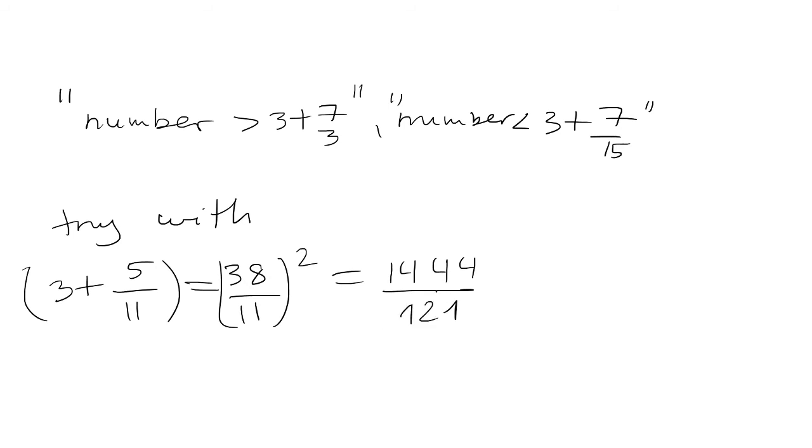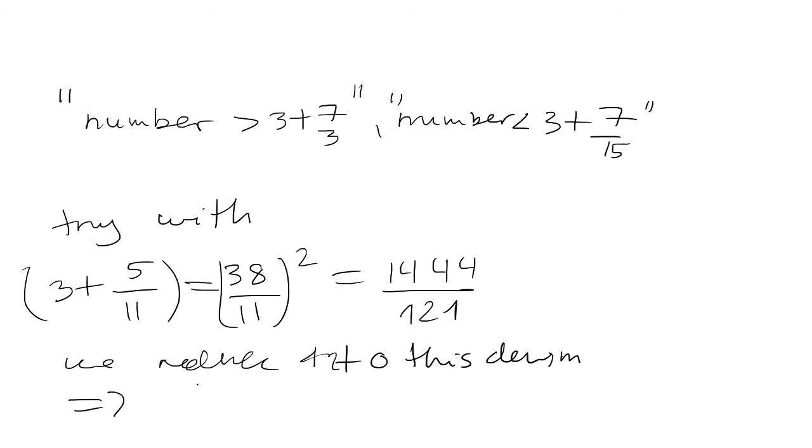And by reducing 12 to this denominator, we simply obtain 1,452 divided by 121, which shows that 3 plus 5 divided by 11 is actually less than the square root of 12.